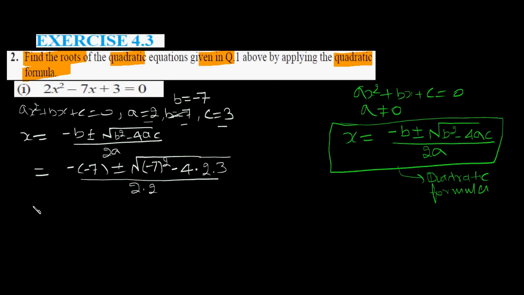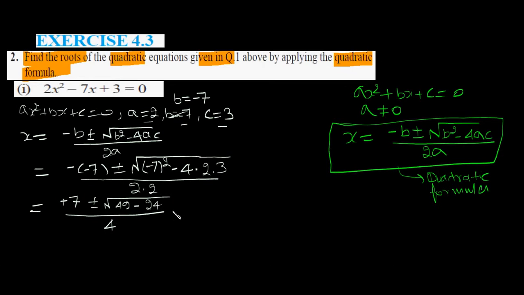Now I will simplify it. Minus into minus will be plus, so this will be plus 7, plus minus square root of minus 7 square, which is plus 49, minus 4 into 2 is 8 and 8 into 3 is 24. This is divided by 2 into 2, which is 4.